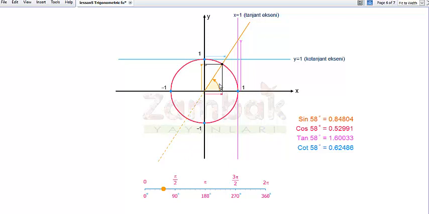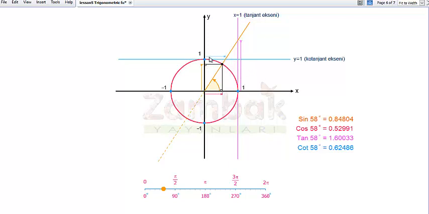This is the angle, and as you see, the length on the sine axis is called sine alpha. The length on the x-axis is called cosine alpha. The tangent line perpendicular to the x-axis is tangent alpha, and as you see, it is greater than 1. We know that this length is 1, because it is equal to the radius.